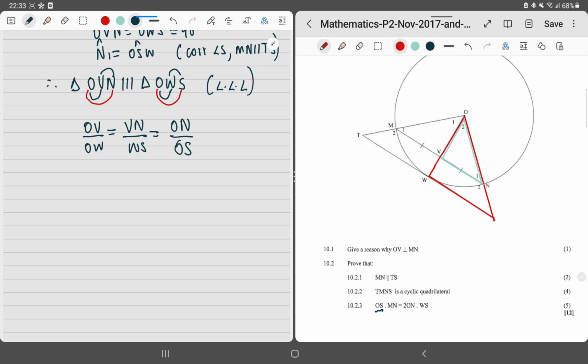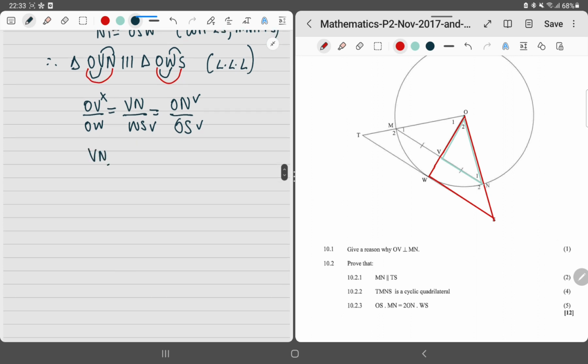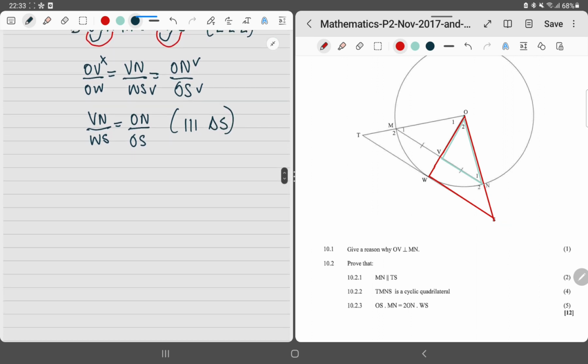Okay, I don't have any OV there, so it's most likely not the first ratio. VN I don't have, but I do have WS, and then I have ON as well, and I have OS as well. So VN over WS is equal to ON over OS, and then we just say similar triangles, and then I'm just going to multiply.